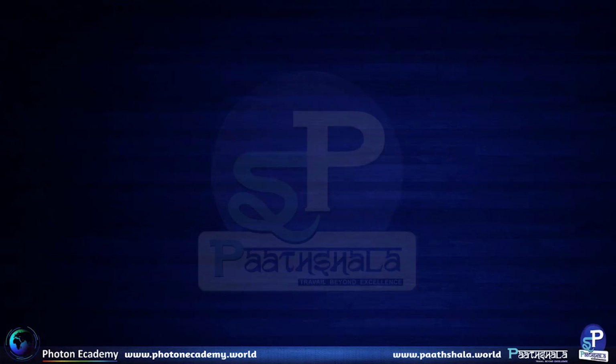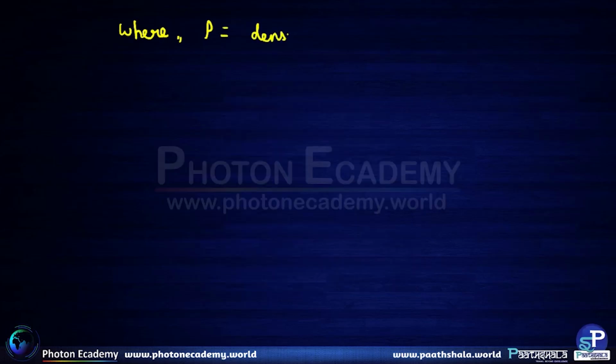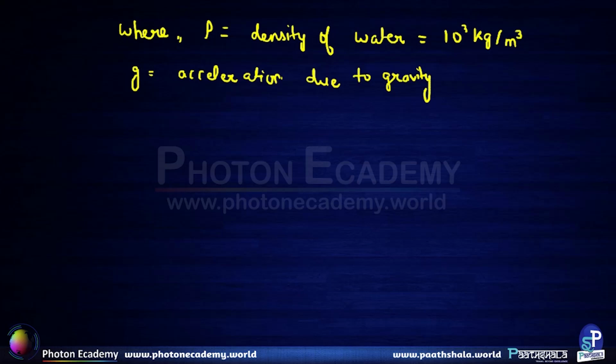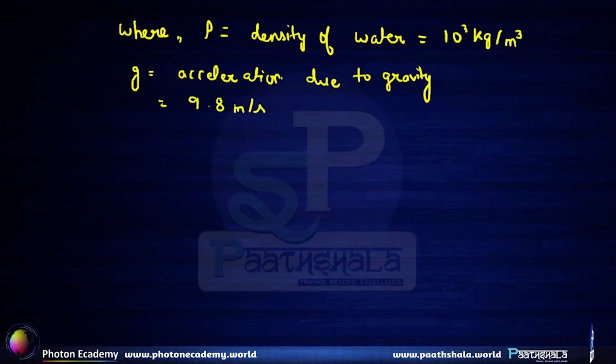So we will substitute. The value of rho, the density of water, is equal to 10^3 kg per meter cube. g is the acceleration due to gravity, and its value is equal to 9.8 meter per second square.